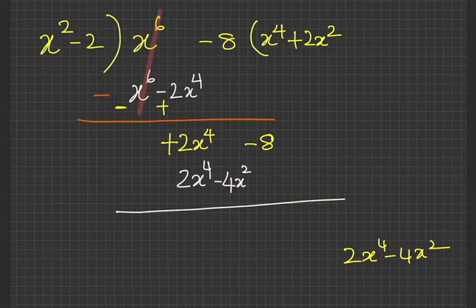So I have the negative sign. I'm going to change the sign here. Positive 2x to the power 4 becomes negative. I have a positive, so these two cancel out. And I'm left with 4x to the power 2 minus 8.